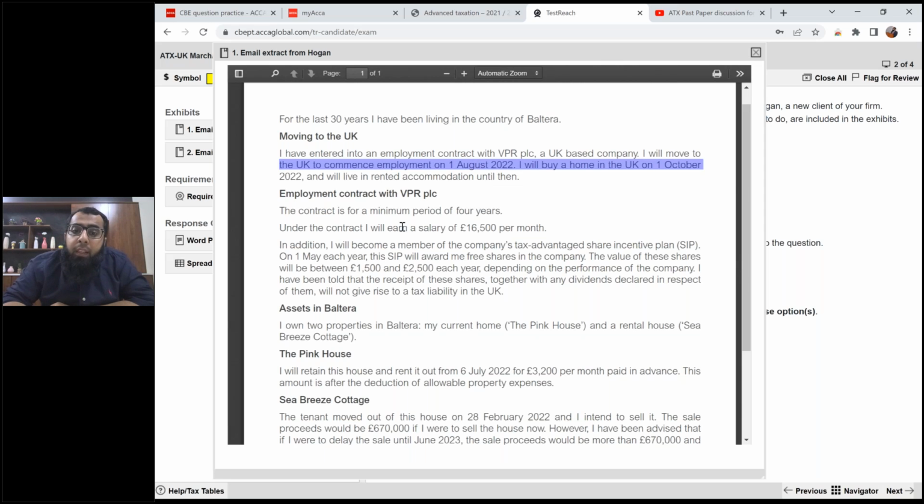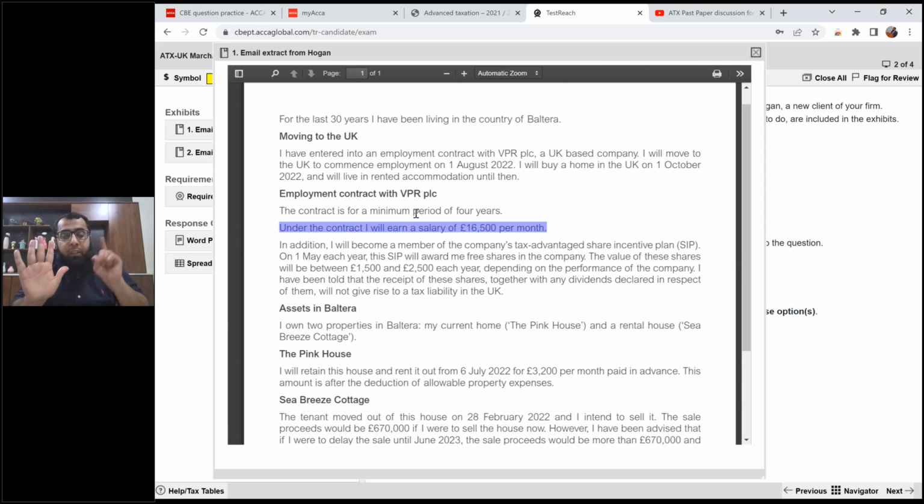Under the contract, he will earn a salary of 16,500 per month. So August, September, October, November, December, January, February, and March: he will get a salary of 8 months, which will be his employment income.